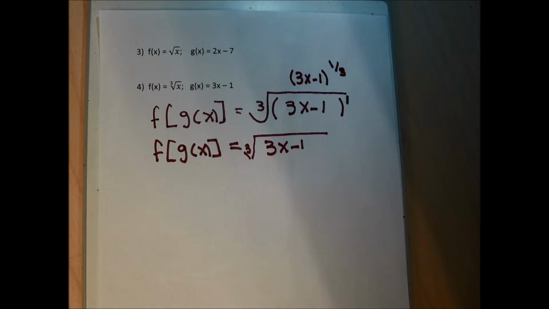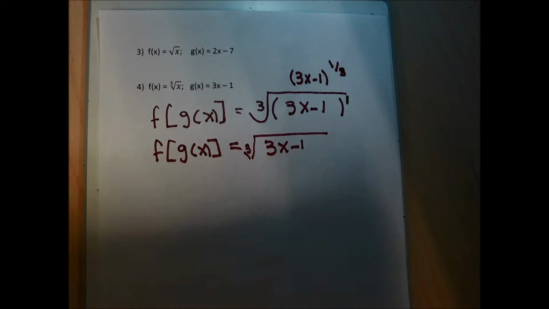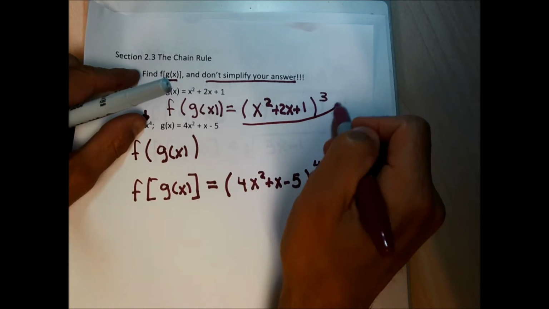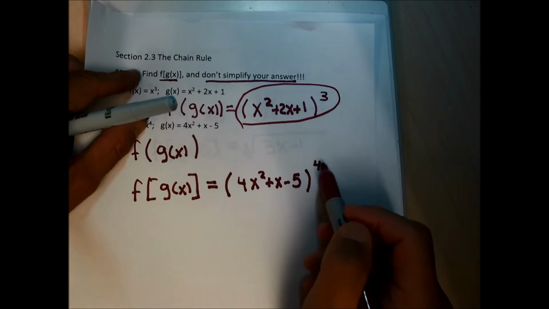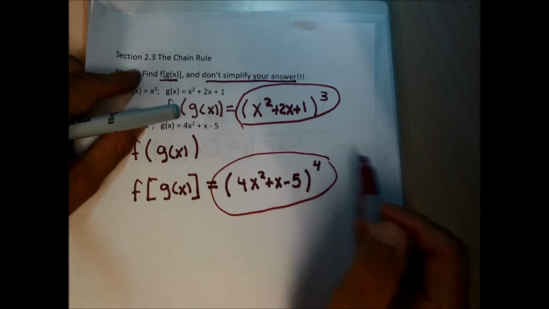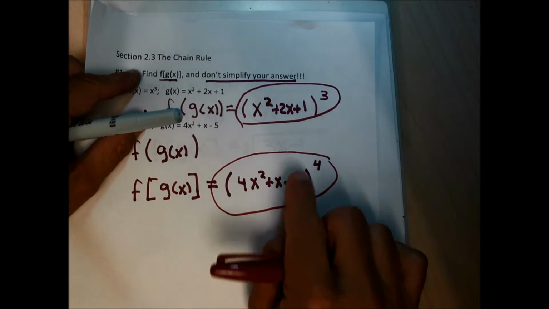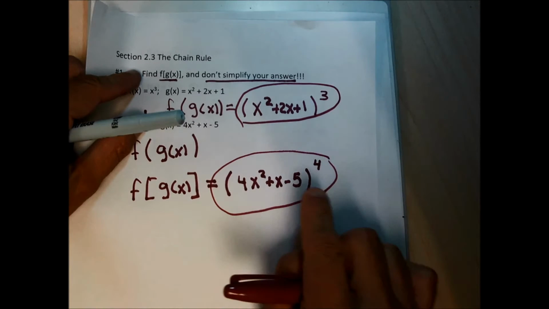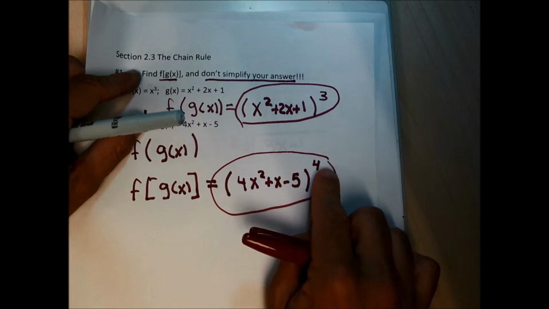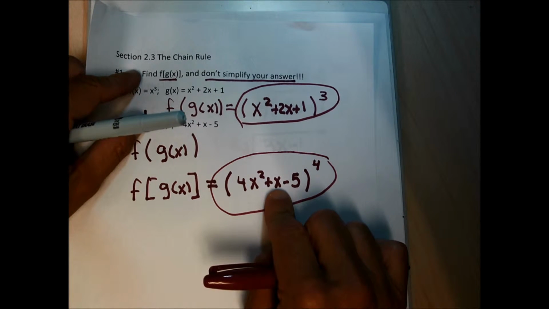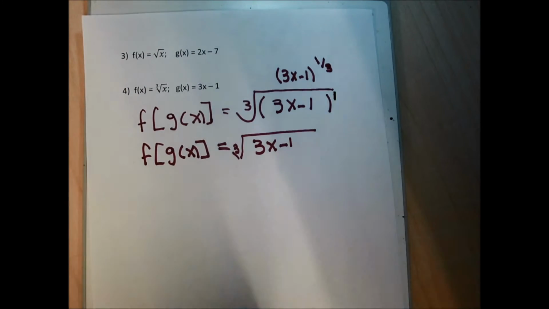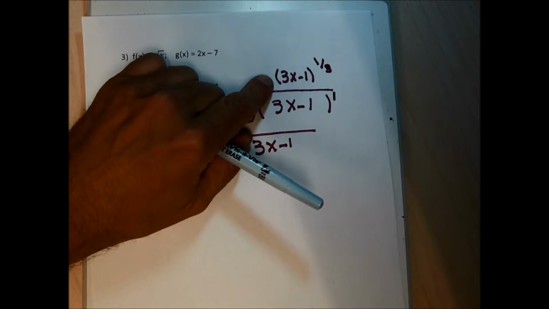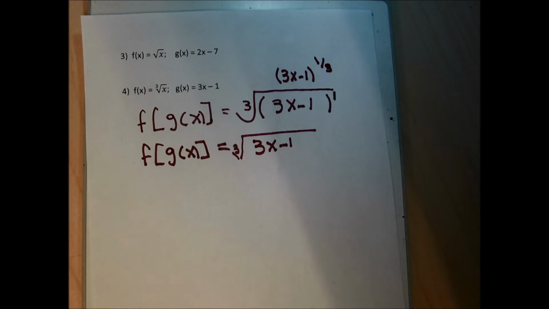The chain rule is going to be used to find derivatives of things that look like a parentheses with an exponent that I really don't care to clear. To clear this, I would have to multiply this by itself 3 times. That's insane. To get rid of this exponent, I have to multiply this by itself 4 times. I don't care to do that. This flat out doesn't reduce. I don't know how to reduce that. It's non-reducible.